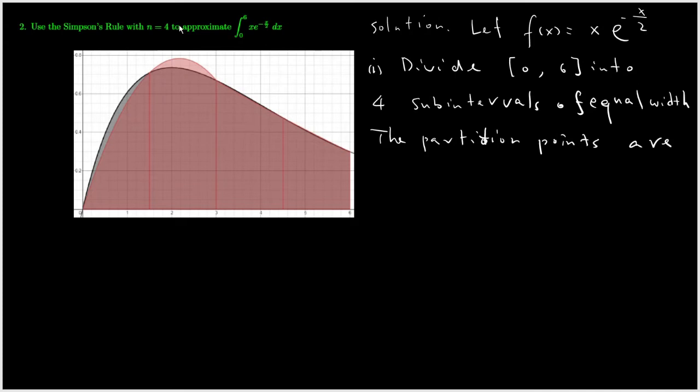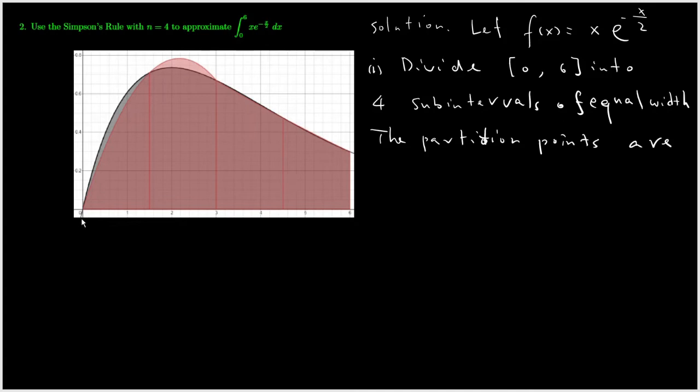To use Simpson's rule, we need to identify the partition points. We need to identify the width of the subinterval. Now, the partition points: we divide the interval from 0 to 6 into 4 subintervals. 6 divided by 4 equals 1.5.